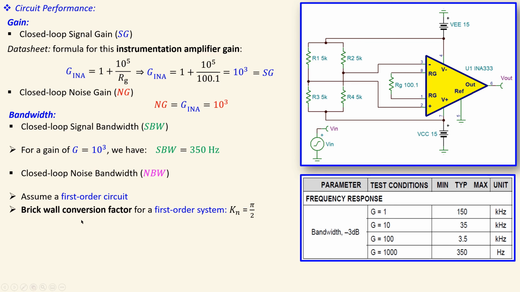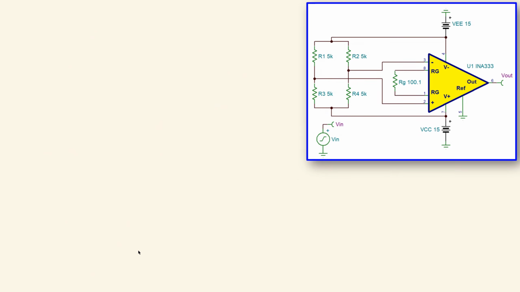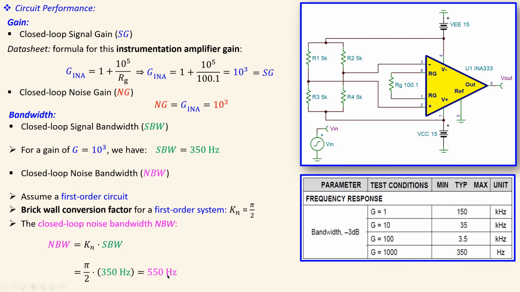For that, we need a brick-wall conversion factor of pi over 2, which is this K sub n. The closed loop noise bandwidth is then K sub n times the signal bandwidth of 350 hertz. Substituting the values, we get 550 hertz as our noise bandwidth.